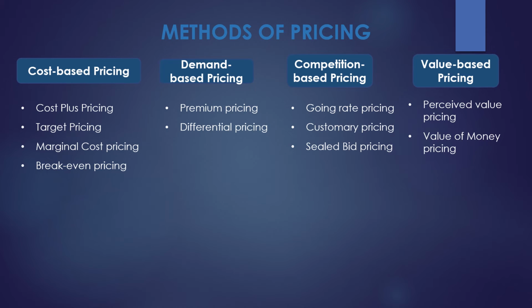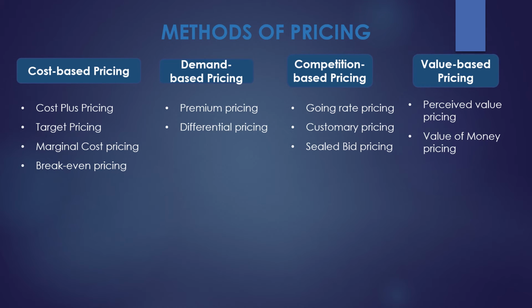A soap comes in different sizes, different colors, different fragrances, different contents, different packages, different brand names, different flavors. If these things are changed, they may be offered at different prices. So this is called differential pricing.